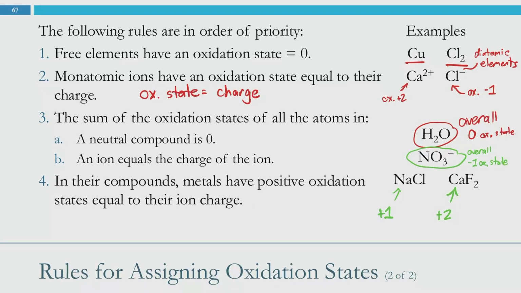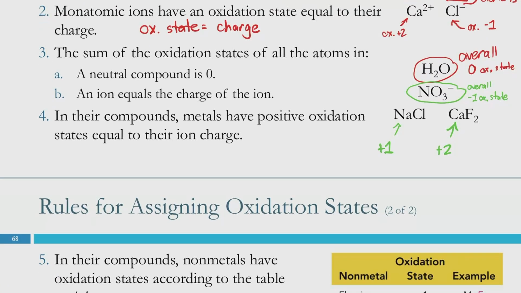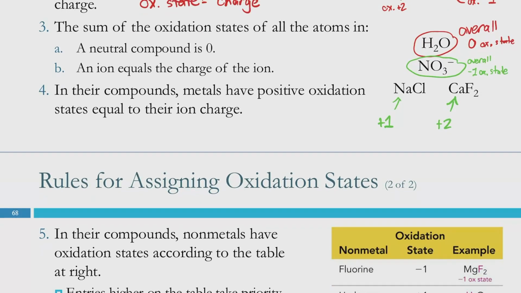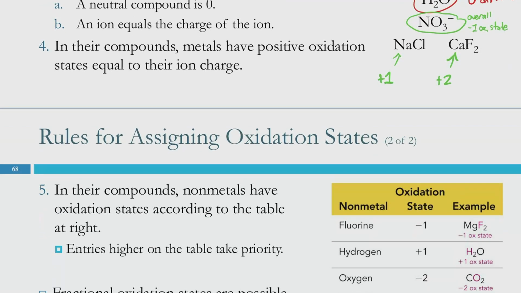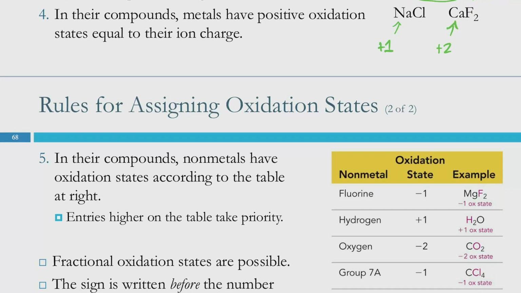All right, we do have more rules. It's not just these 4 rules. In their compounds, nonmetals have oxidation states according to this table that we see here to the right. And this is also hierarchical, so things that come higher on the list get priority. So for our nonmetals, fluorine is at the top of the board.